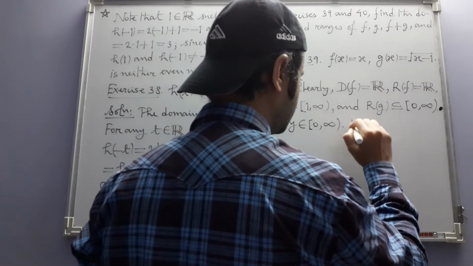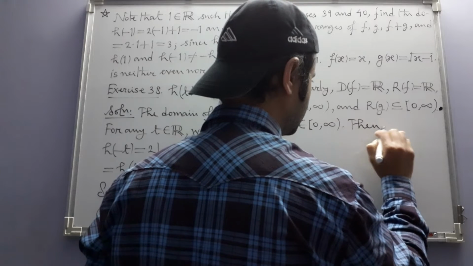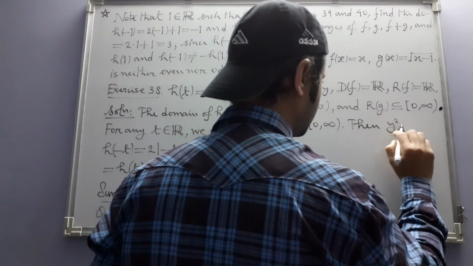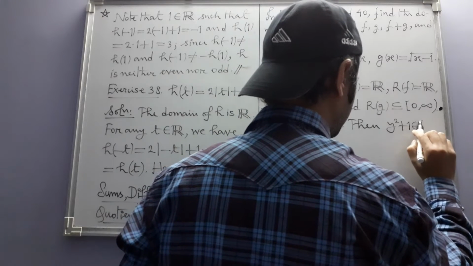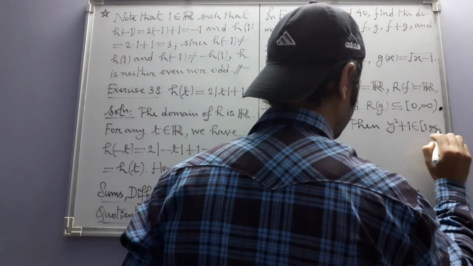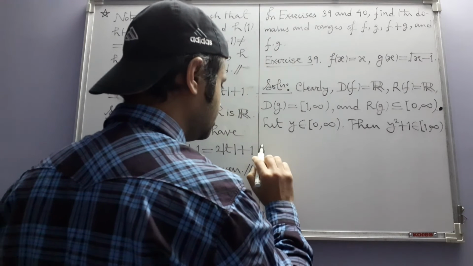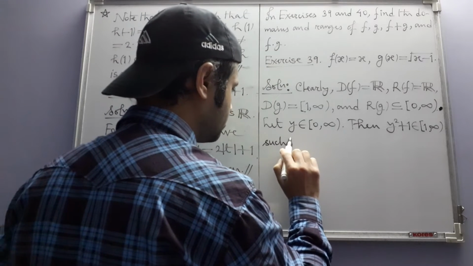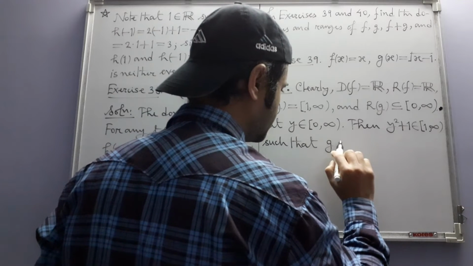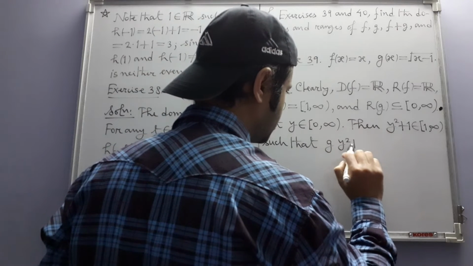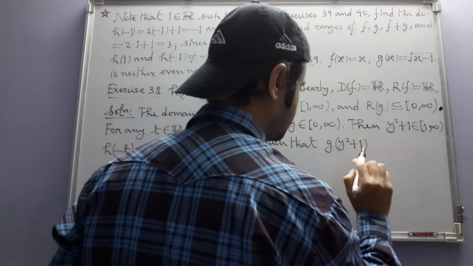Then y square plus 1 belongs to 1, infinity such that g of y square plus 1 equals y.